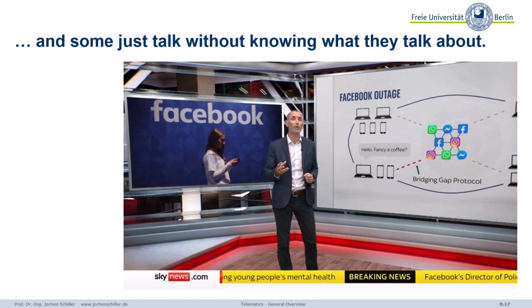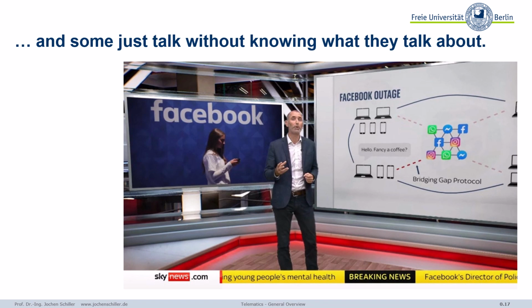Then as an engineer, I think, oh my God. Too many people talk about this and they don't know what they're talking about. The core of the internet is not Instagram, Facebook, or whatever WhatsApp is. So we will talk about the advanced topics of the core of the internet.